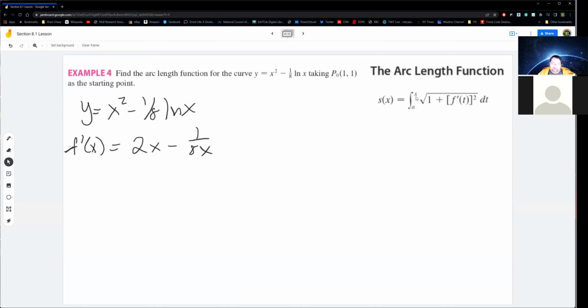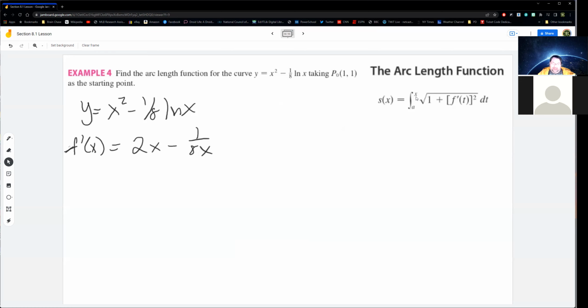So now my integral. You have derivative of y? What was that? You have y equals x squared minus 1/8 ln x. Wouldn't it be f derivative of y? No, remember, y is f of x. Okay, sorry. That's okay. Yeah, y and f of x are the same thing.